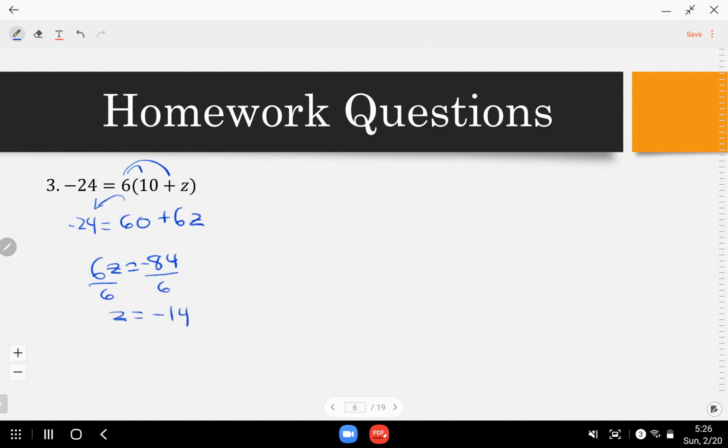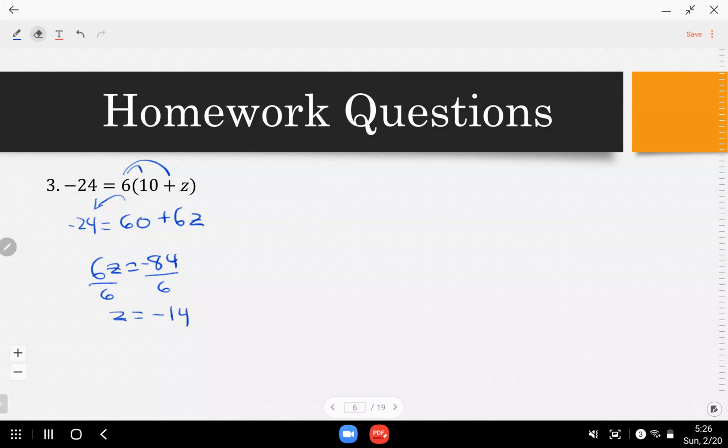Okay, I saw some people who got this correct, but still came up with a different solution than negative 14. All you need to do is take your calculator and punch in the numbers, negative 84 divided by 6. 84 divided by 6 is not something that everybody knows straight off the bat, right?